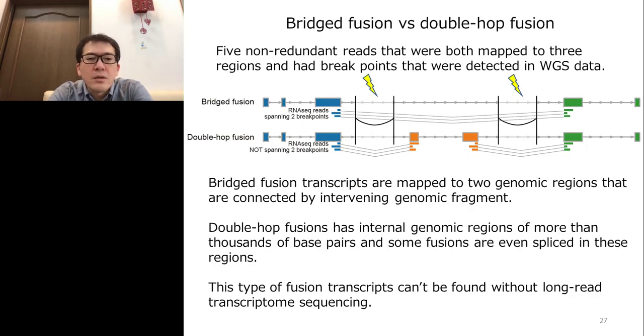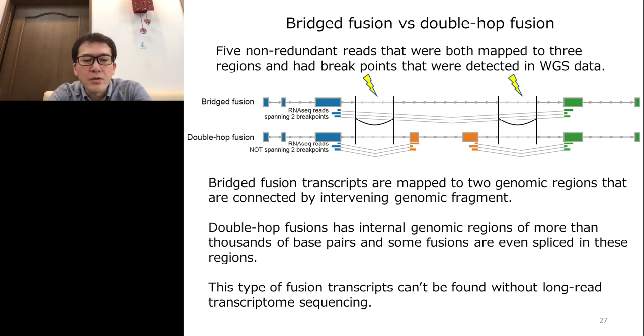We also detected 5 non-redundant reads that were mapped to 3 genomic regions and at the same time had corresponding breakpoints detected in whole genome sequencing data. Recently, the Pan-Cancer Analysis of Whole Genomes consortium reported bridged fusions, which are mapped to 2 genomic regions that are connected by intervening genomic fragments.